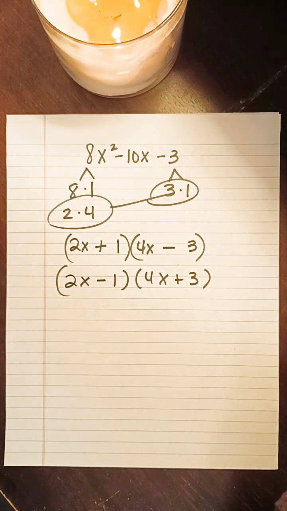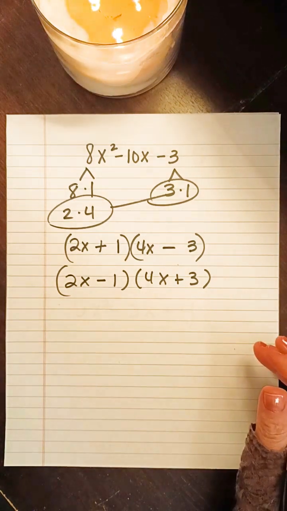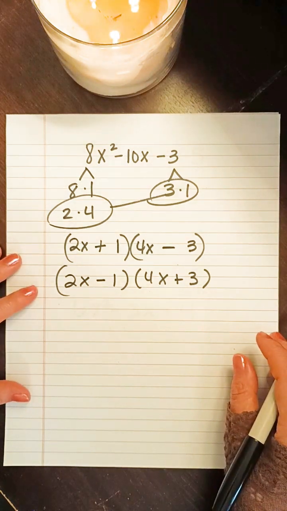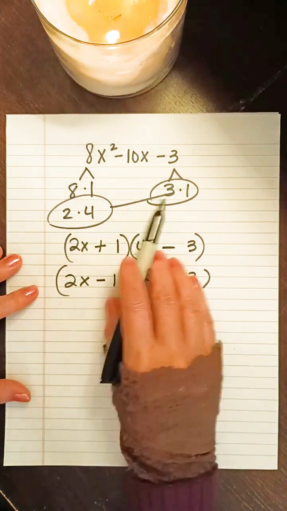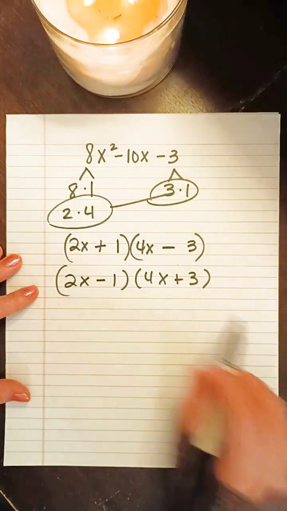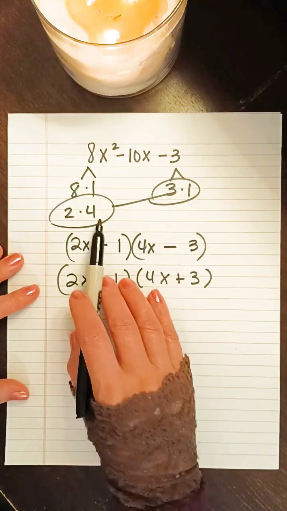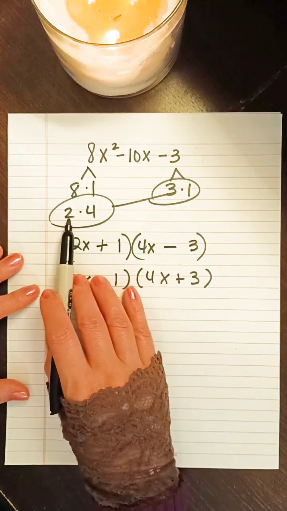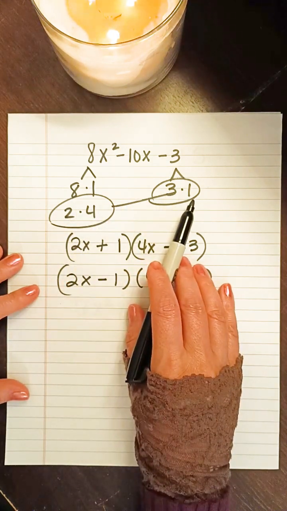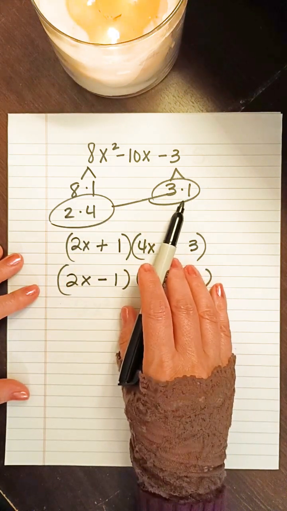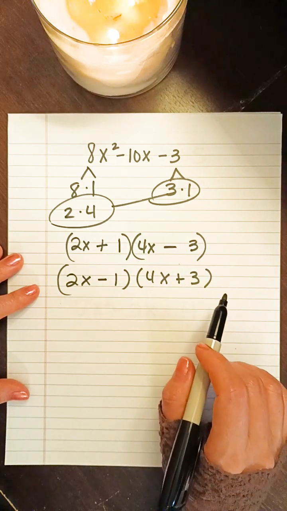So I'm not going to get negative 10 that way. But I see that I still can get negative 10 from these two pairs of numbers. So the first time I multiplied them together, 2 times 3 is 6, 4 times 1 is 4. It looks like I got 10, but when I placed them, I actually didn't get it.